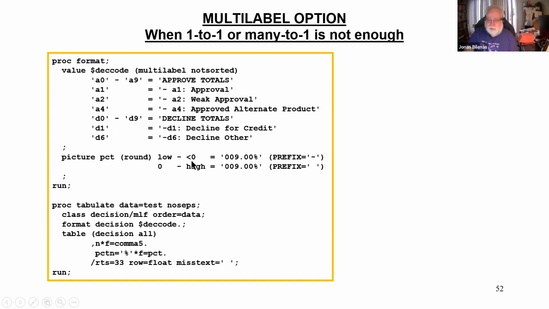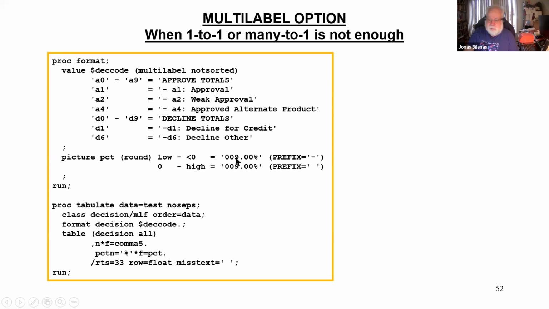But with a picture format, you can convert values into percent in a tabulate. So I'm going to tabulate here. I'm formatting the results of percent n, what percentage of accounts are in different groups, as PCT.